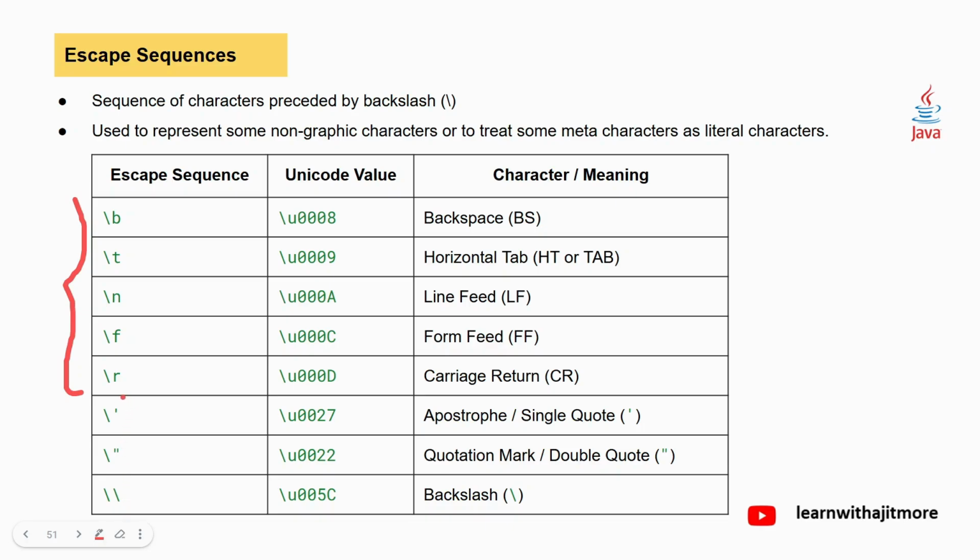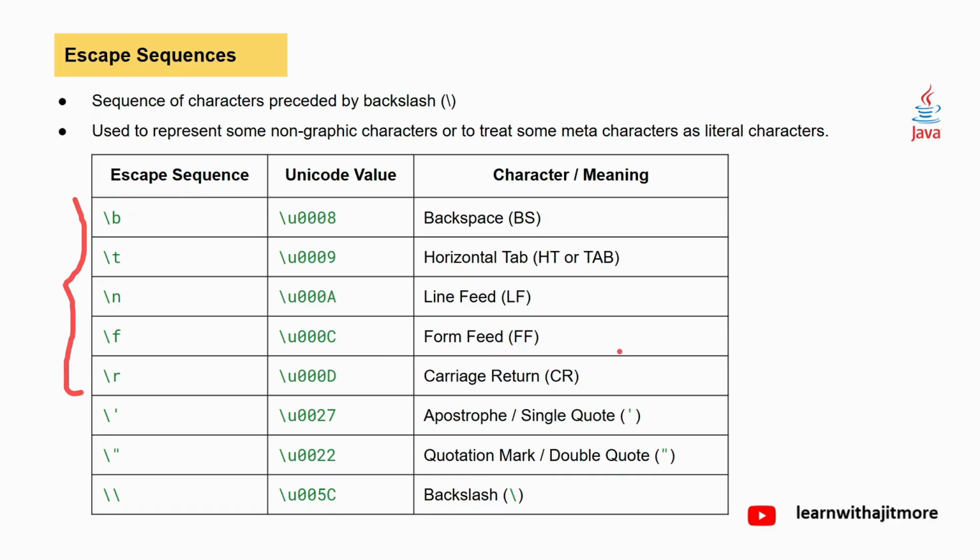So if you want to treat single quote as single quote, then use backslash. And remember, though they are non-graphic characters, they have their unicodes. Like backspace has unicode 8, tab has 9, new line has 10. 10 means A in hexadecimal.